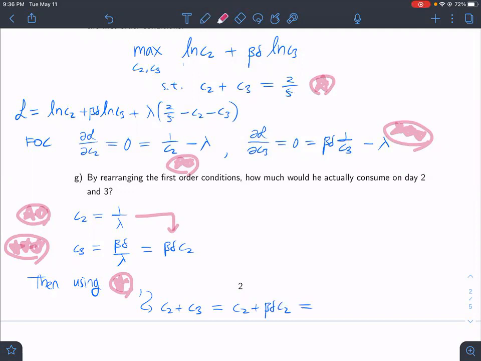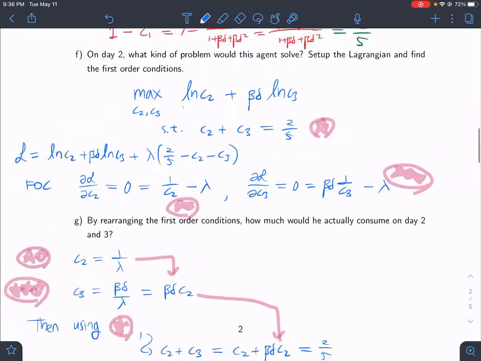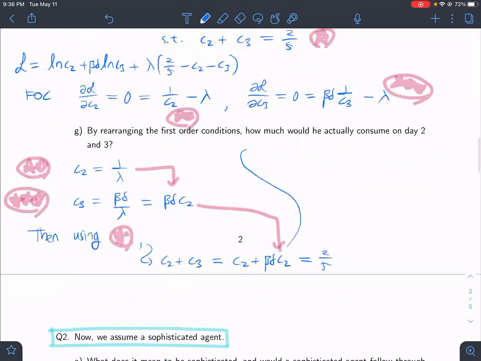Well, this is coming from here. It adds up to 2 over 5. Okay, we are done. So C2, if I proceed from here, C2 times 1 plus beta delta equals 2 over 5.